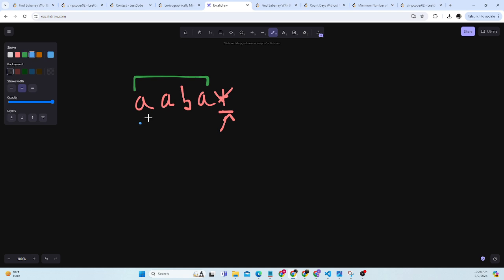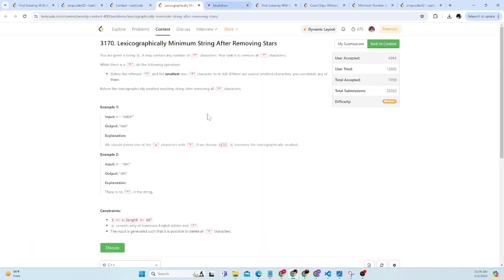We have three possible candidates: this, this, and this. We can remove any of these characters, and in the end we want the lexicographically smallest string. In this case, we can remove this particular character and we get the string AAB, which is the lexicographically smallest. So we need to find the lexicographically smallest string.